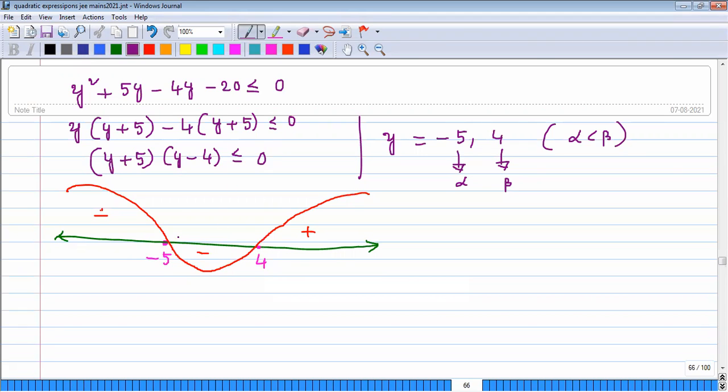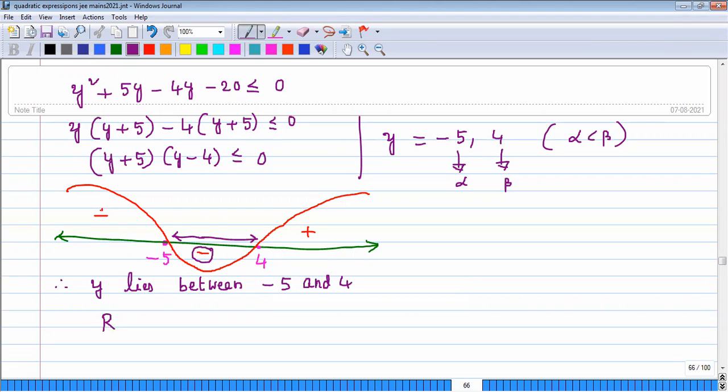So that means you need to consider here to here, the negative sign region, less than or equal to 0. Therefore y lies between -5 and 4.